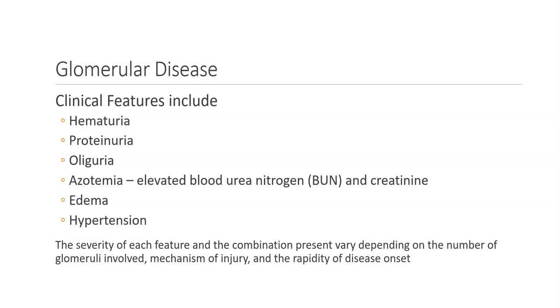The severity of each feature and the combination present, since not all of these will be present, depends on the number of glomeruli involved, the mechanism of the injury to the glomeruli, and the rapidity of the disease onset.